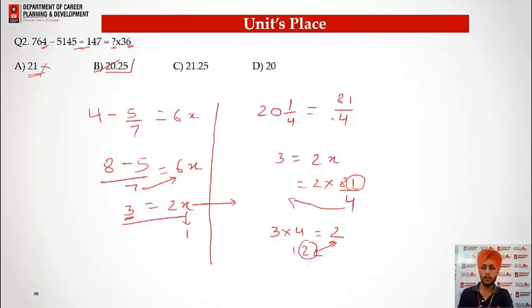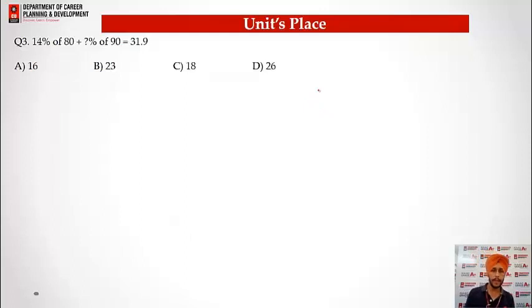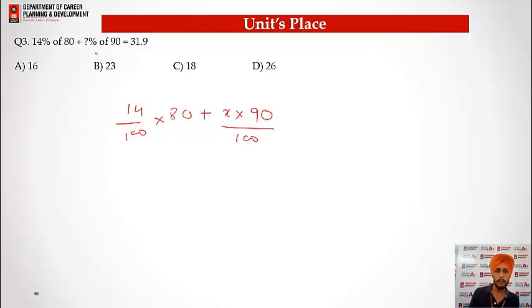So let's move to another question of units place, that is 14%. Again, we cannot ignore the percent in the units place. So we will write it as 14 upon 100 into 80 plus x into 90 upon 100 in place of percent is equal to 31.9.